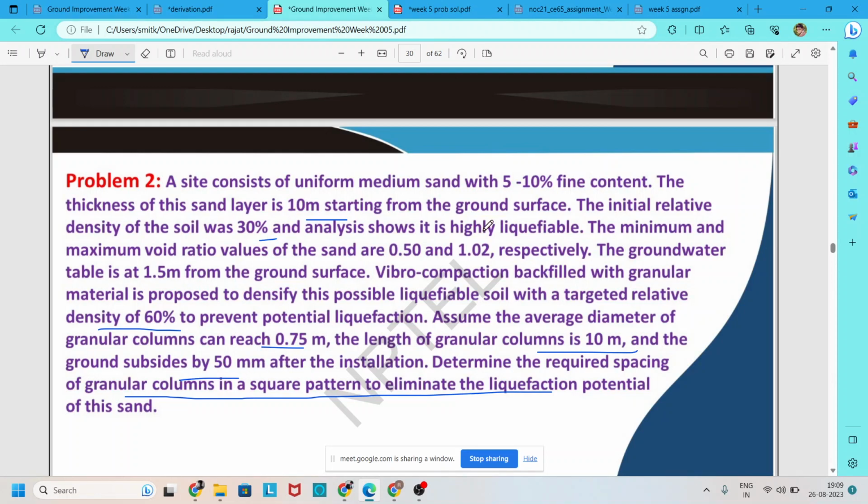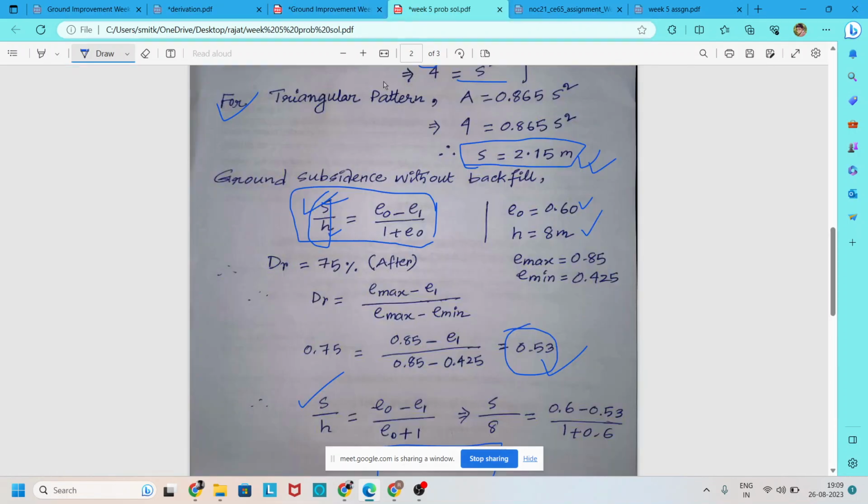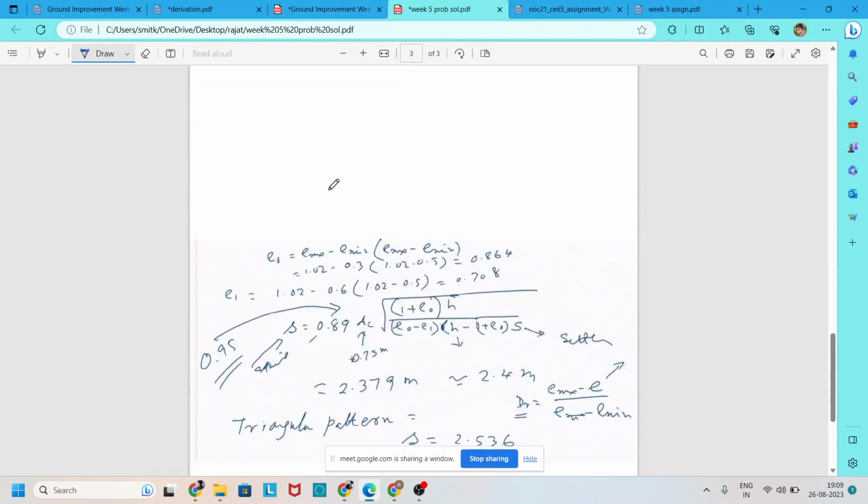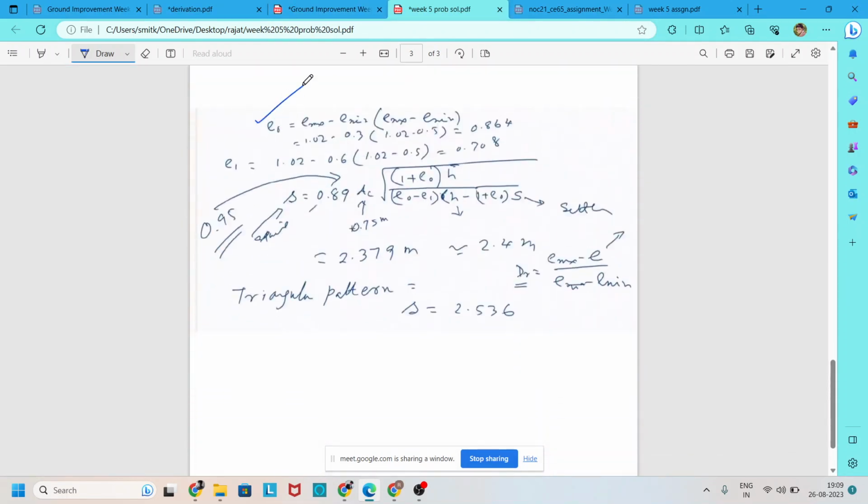If we put all the values, the spacing comes out to be 2.4 meter.